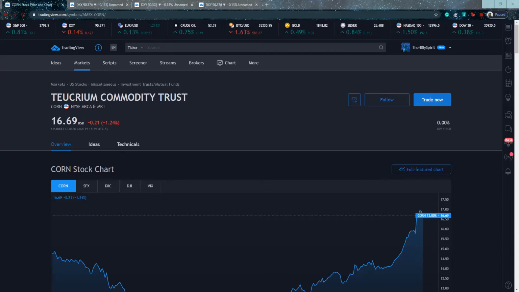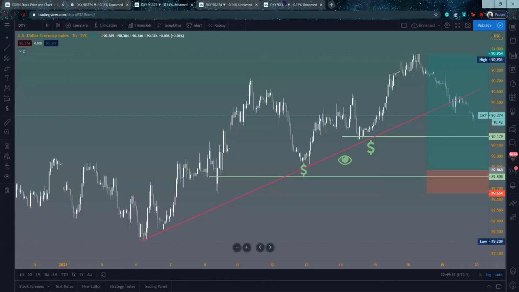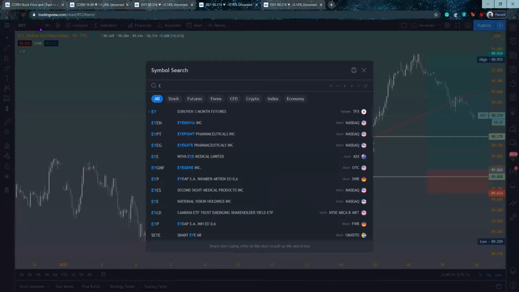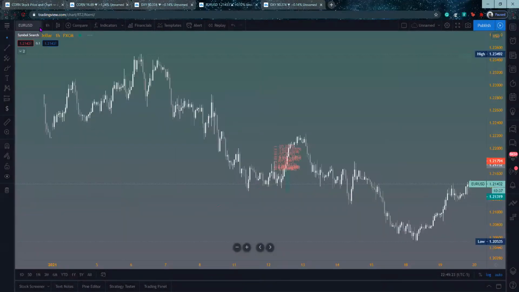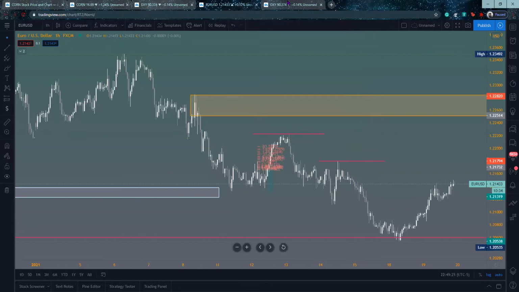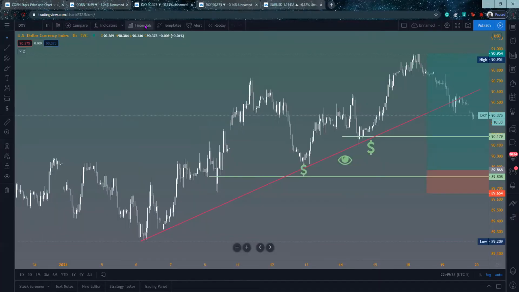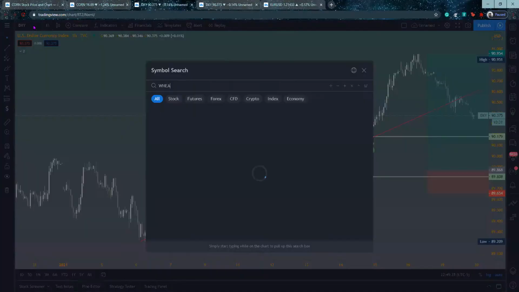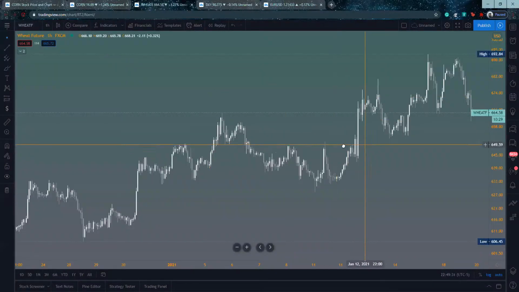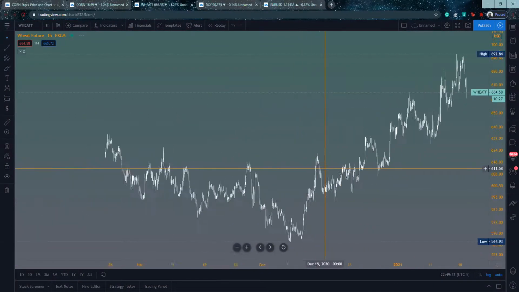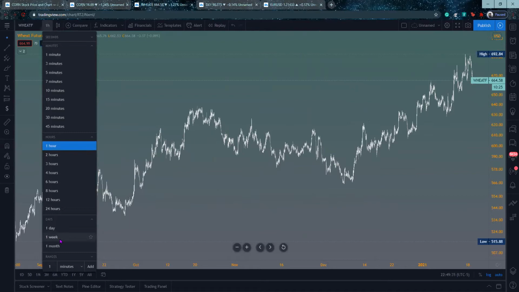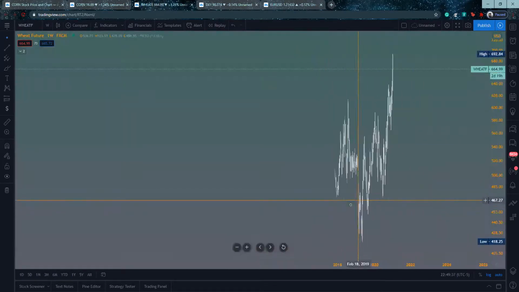But either way, if we look back and see the price of corn, and the price of wheat futures, look at how much this rose over the past couple weeks.